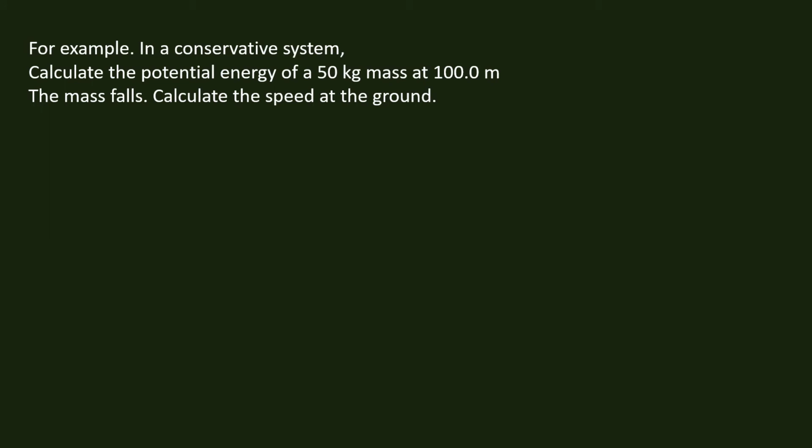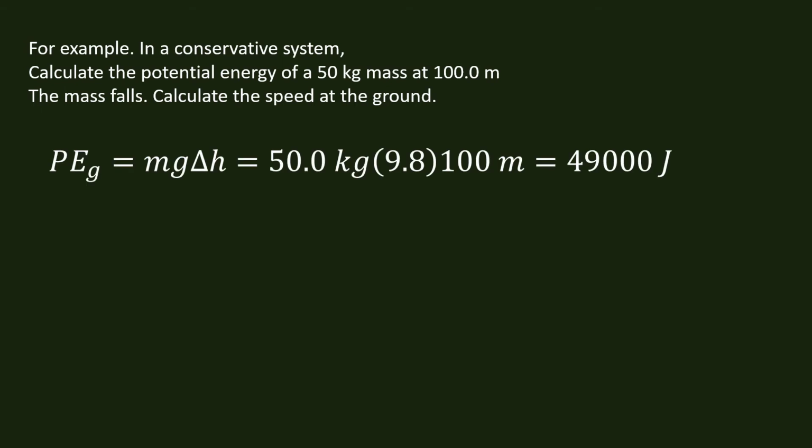Let's look at another example in a conservative system. Calculate the potential energy of a 50 kilogram mass at 100 meters. The mass falls. Calculate the speed at the ground. Okay, so here's our potential energy equation. We first want to know, since it's a conservative system, how much energy is in the system.